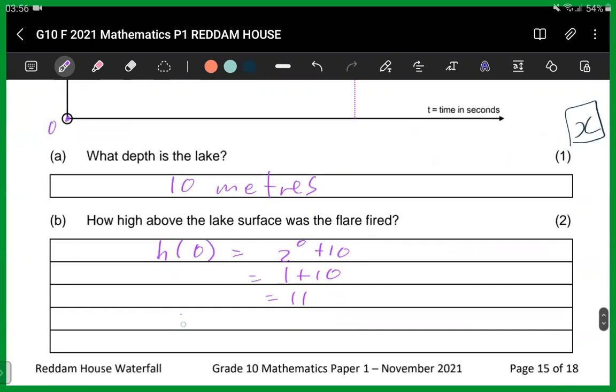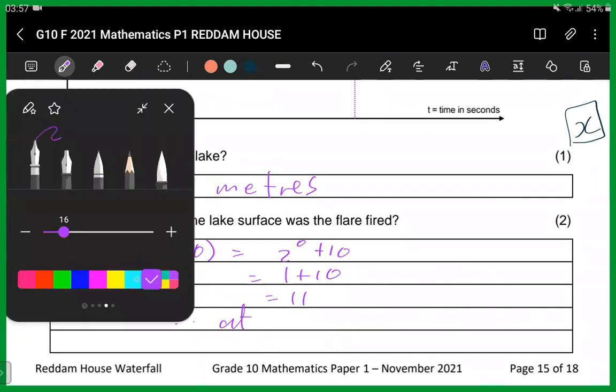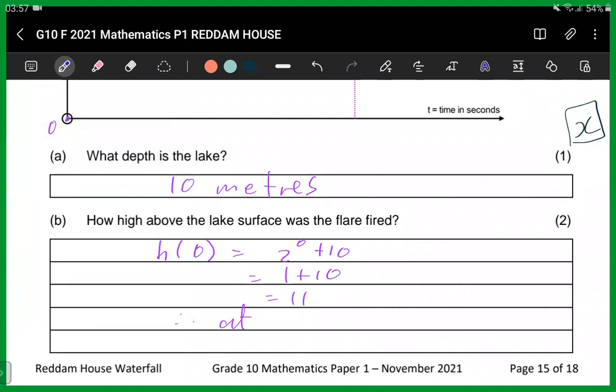So here you can say, therefore, at 11 meters above the, wait, if it's 11, this is 11 meters from the bottom. So if it's 11 meters from the bottom, it is only 1 meter from the surface, you see? At 1 meter from the surface.